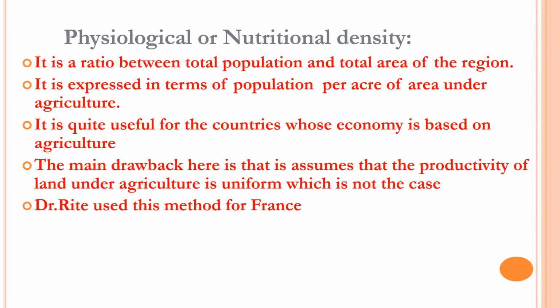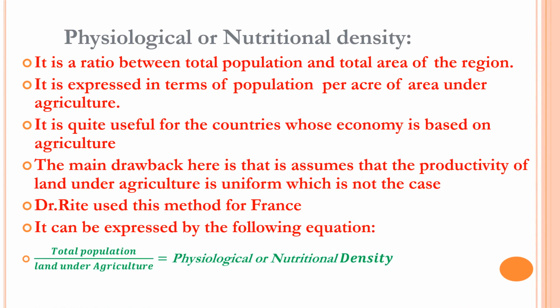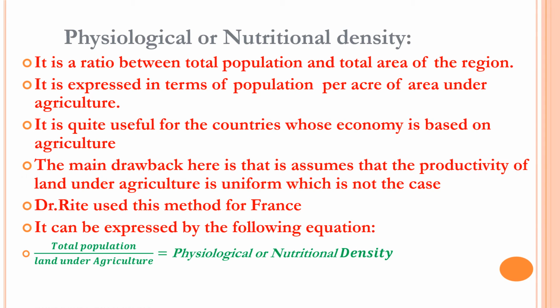Dr. Wreford Watson used the method of Pringle France. The following formula may be used for calculation of nutritional density: nutritional density means total population divided by land area under agriculture. It is the ratio between the total population and land under agriculture. This is called nutritional density.